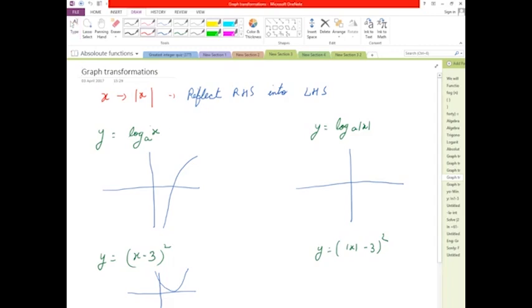So again, if I replace x by mod x, I just need to reflect whatever is on the right hand side on the left hand side. Whatever is there on the left hand side we ignore, and we take whatever is on the right hand side and reflect it on the left hand side. For example, if log x is the graph as we had seen before, when we put x as mod x, this is the graph.